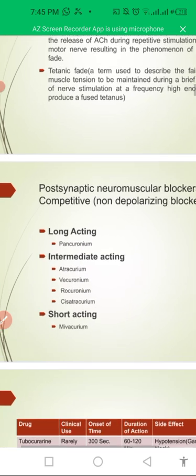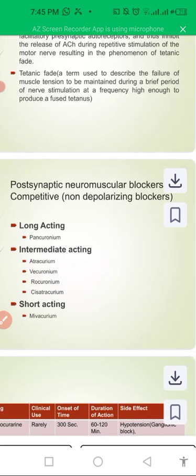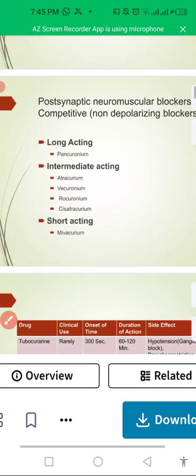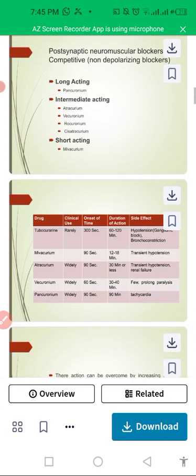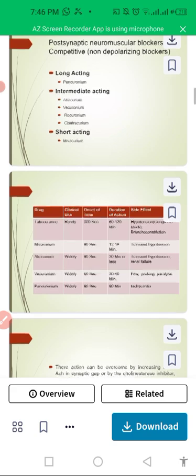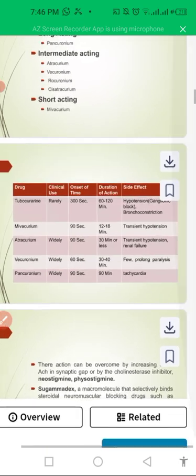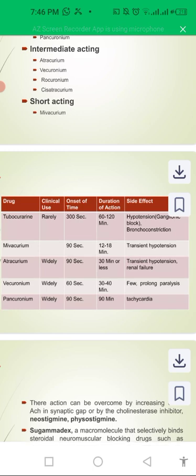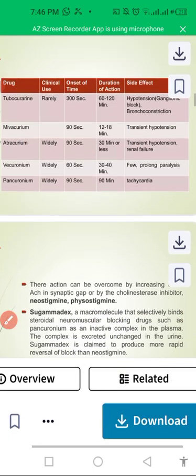Then postsynaptic neuromuscular blockade happens, and there are some long acting, intermediate acting, and short acting drugs, which you have to memorize. There are different side effects. As I already told you, atracurium has the side effect of hypotension with renal failure and histamine release, and other medications have some other side effects.